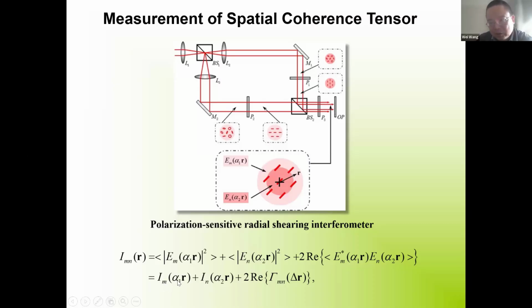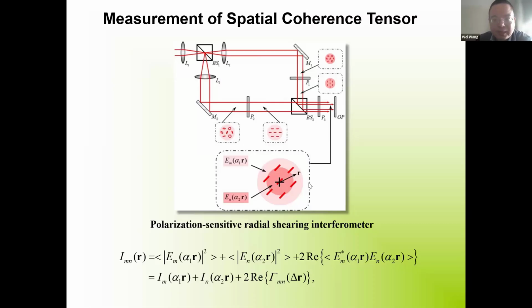The first term shows the intensity contributed from the first beam, with the radial shearing of alpha 1, and the second term shows the intensity distribution from the second arm of the interferometer, with its magnification or radial shearing of alpha 2. Therefore, the cross term gives us the mutual coherence tensors.